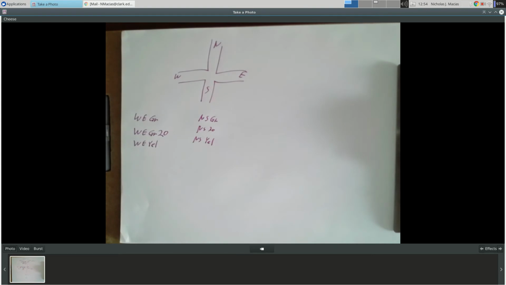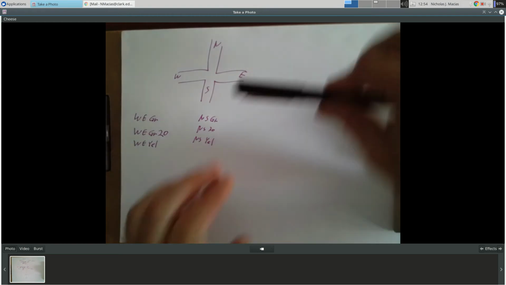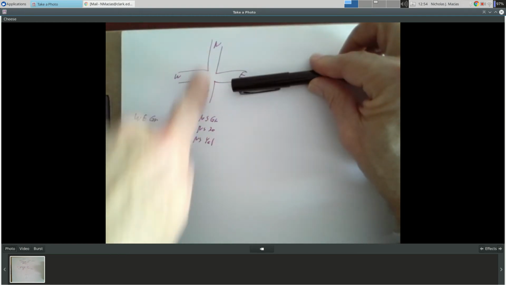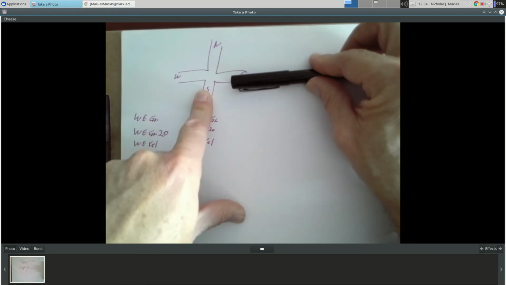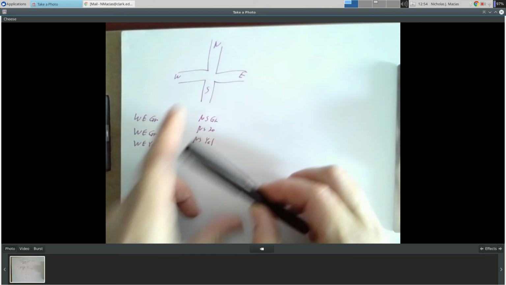So here's what we want our light to do. We're going to start off with north-south being green. And it should stay green for at least 20 seconds. And if a car shows up on west-east after at least 20 seconds of green on north-south, north-south should turn yellow for 5 seconds, and then it should turn red, and then west-east should get a green light.